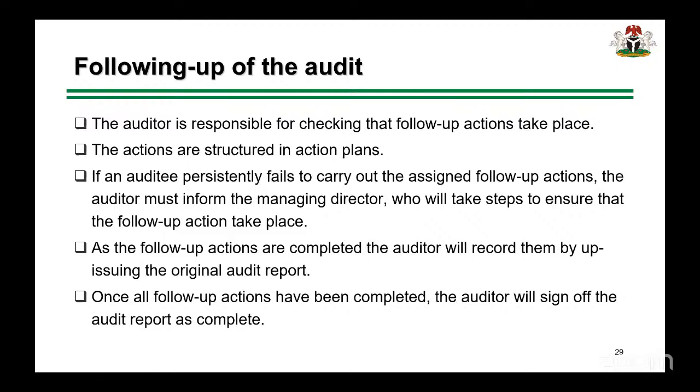As the follow-up actions are completed, the auditor will record them by issuing an original audit report. Then the auditor should also sign off. Once the follow-up action has been completed, the auditor will sign off that the audit report is completed.